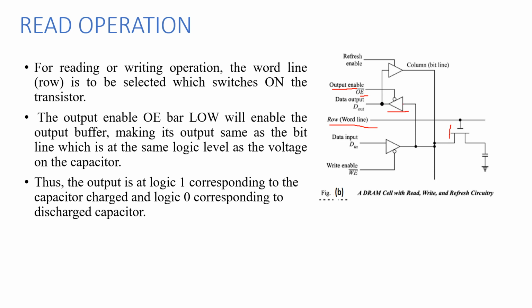The output buffer is connected to the bit line. The bit line is connected to the charge across the capacitor, so the bit line is at the same voltage level as the capacitor. This voltage is connected through the bit line to the data output buffer. Thus the output is at logic 1 corresponding to a charged capacitor, and logic 0 corresponding to a discharged capacitor.